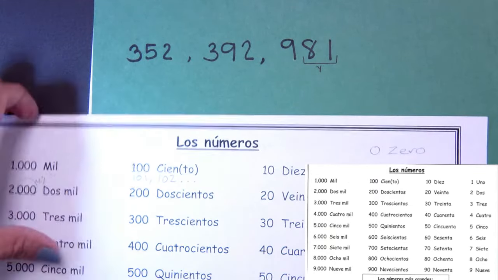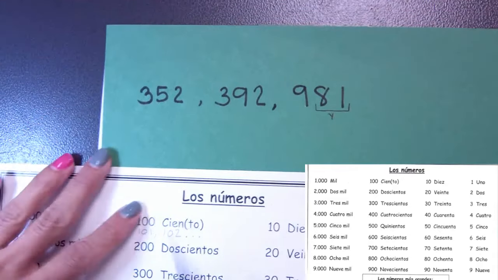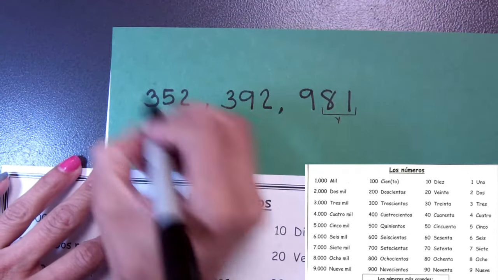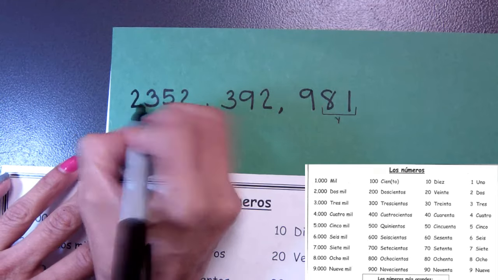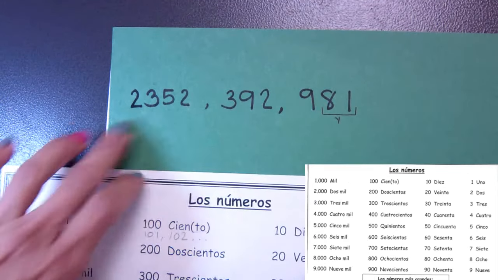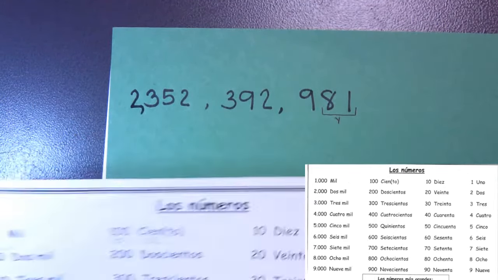Now, if we want to read bigger numbers, for example, 2,352, we would read it the same way.